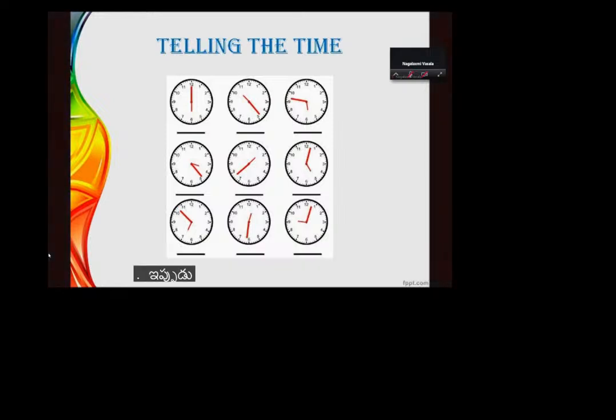In the following clock, what time is it? It's 23 to 1. No, it's not 23 to 1, it's 28 to 1.